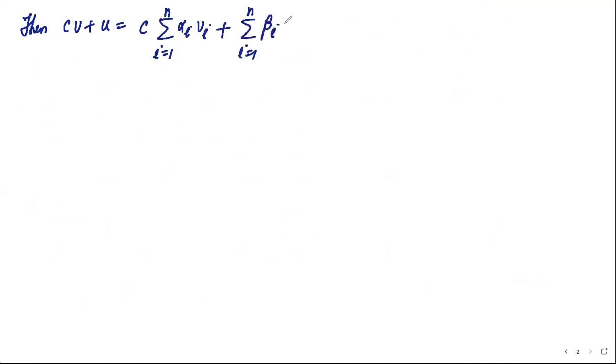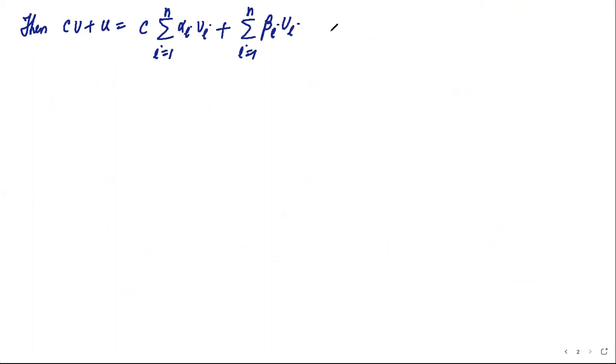So then CV plus U equals C times summation i from 1 to n alpha i Vi, plus summation i from 1 to n beta i Vi.